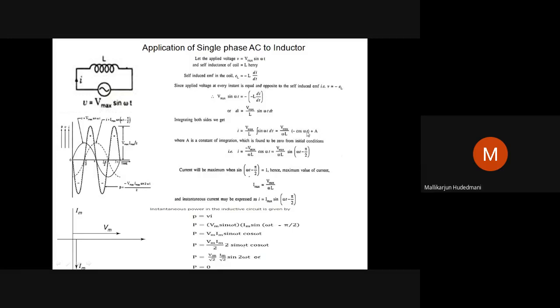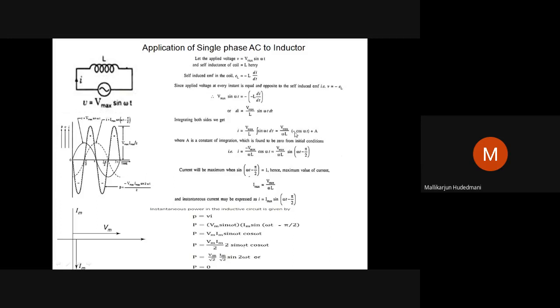When only plus cos omega t is referred to, it is leading ahead of sin omega t by 90 degrees. When minus cos omega t appears, it is lagging behind sin omega t by 90 degrees or pi by 2 radian. That is the knowledge we get here.